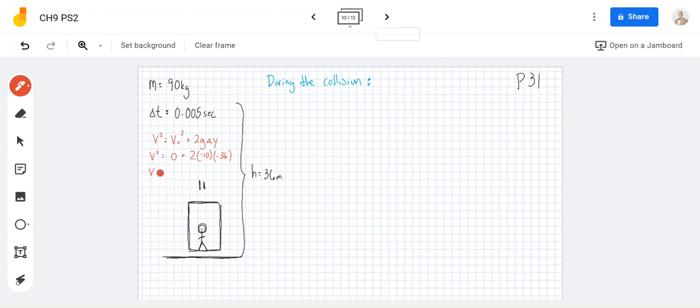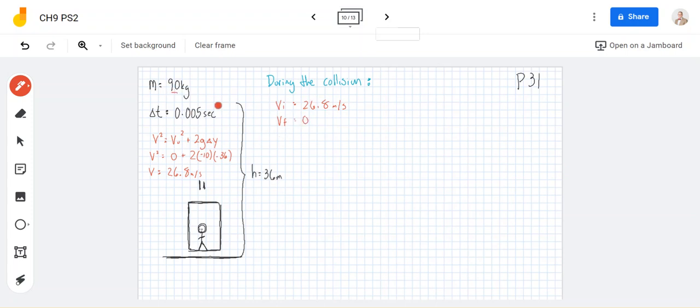So this is the velocity right before it hits the ground, and that's 26.8 meters per second. So during the collision, the vi is actually equal to 26.8 meters per second. The vf is equal to 0.